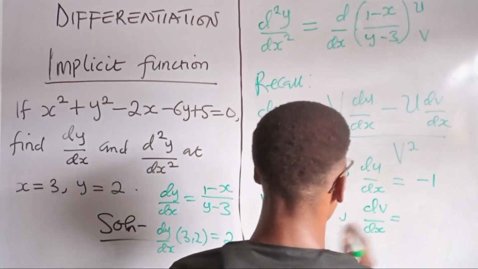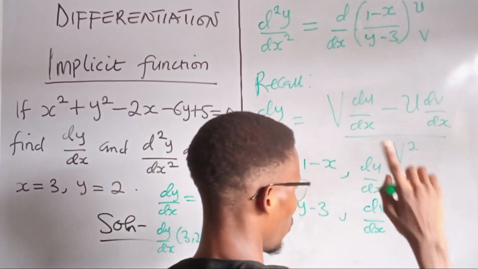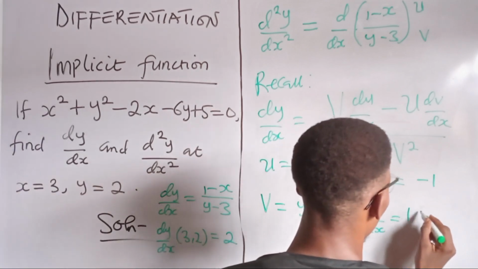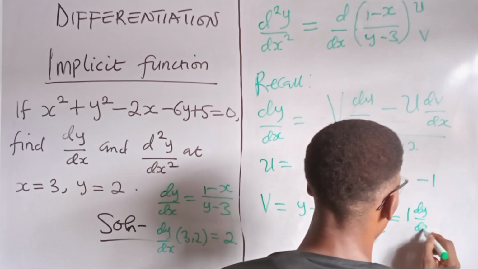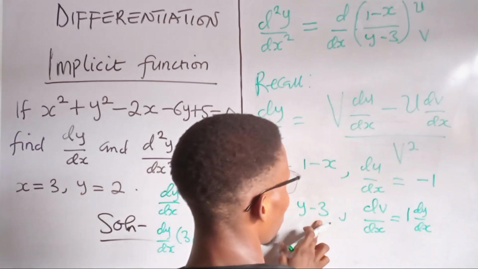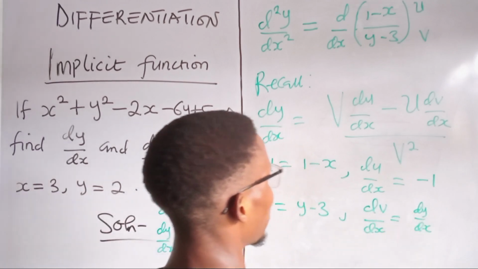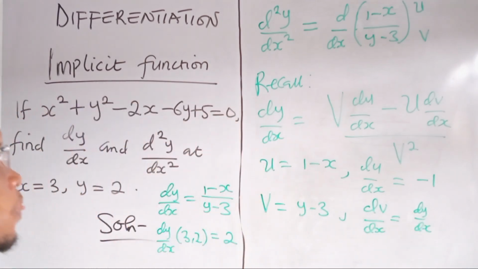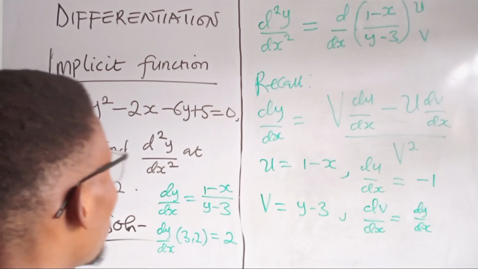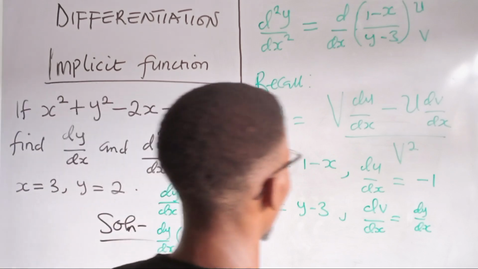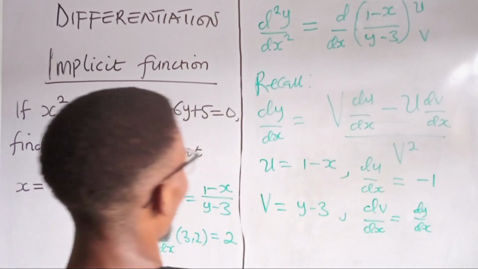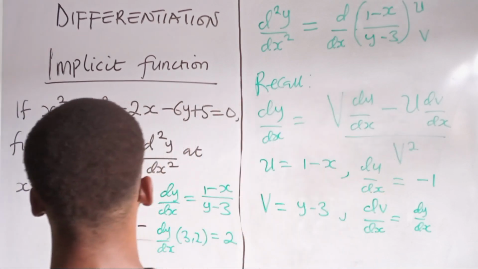Differentiating 3 is going to give us 0. So 1 multiplied by dy over dx is the same as dy over dx. That's what you're going to have. So now we need to substitute these values in the formula.